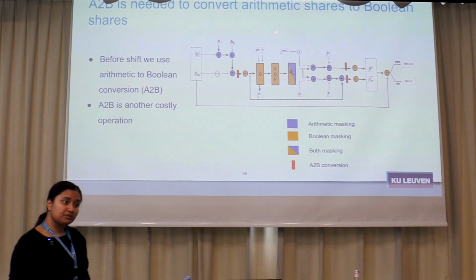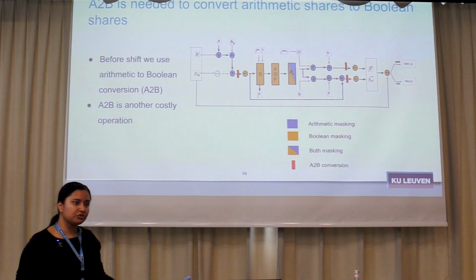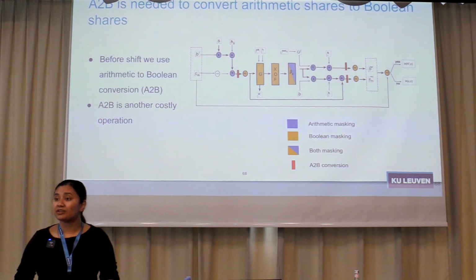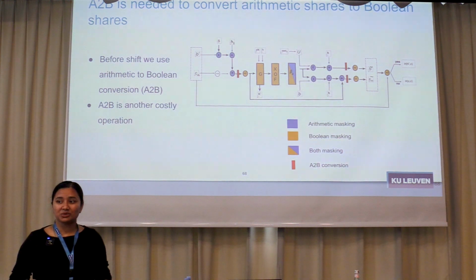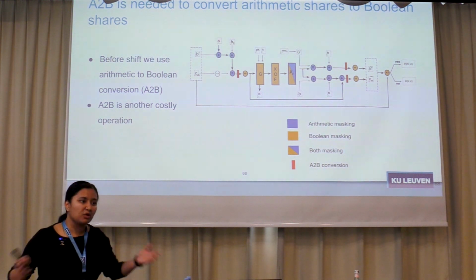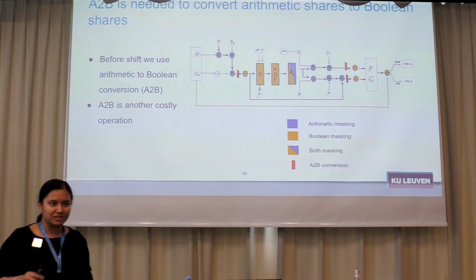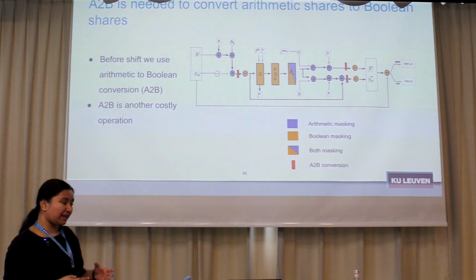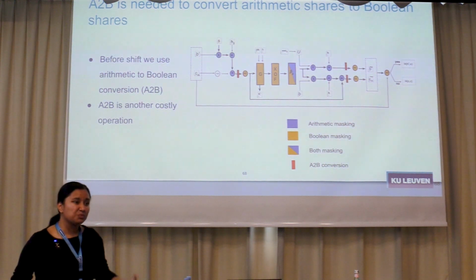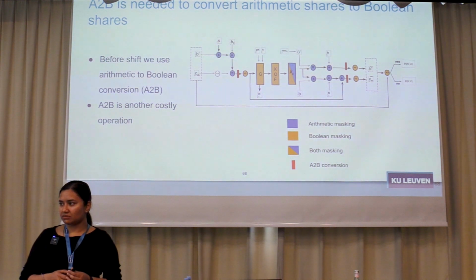These operations are very expensive, but they weren't there before. They had to be introduced due to masking and due to different kinds of masking. And if you wonder why we don't use one kind of masking, it's more expensive. If you use these conversions, then it's a little bit cheaper. But we have to try to use as few conversions as possible so that it remains reasonably expensive, not very expensive.